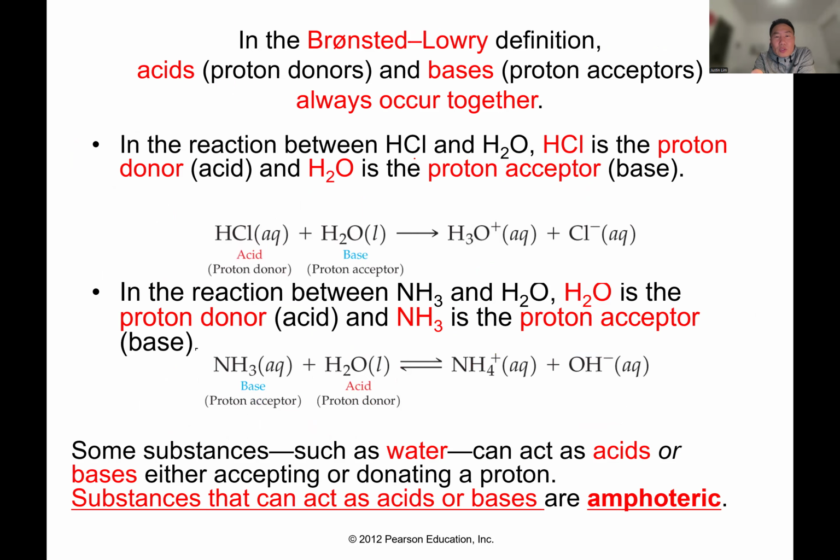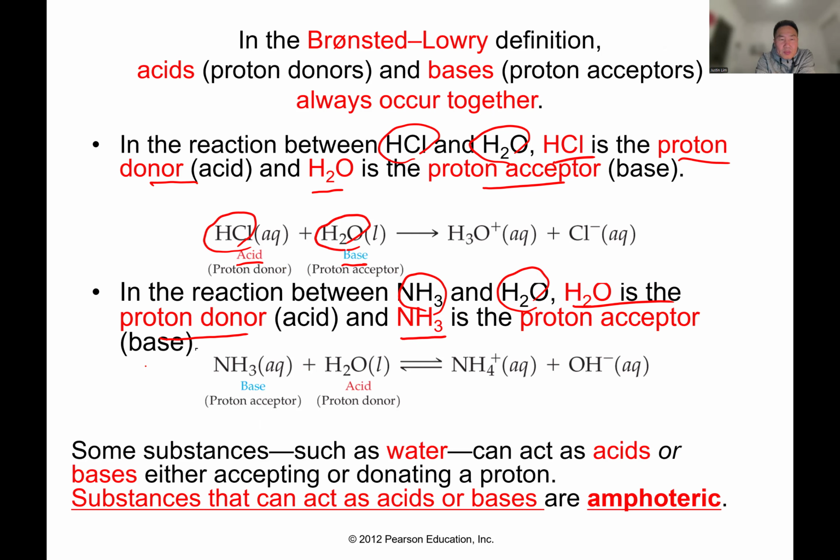In the reaction between HCl and H2O, HCl is the proton donor, H2O is the proton acceptor. So H2O is the base, HCl is the acid. In the reaction between ammonia and water, water is the proton donor and ammonia is the proton acceptor.